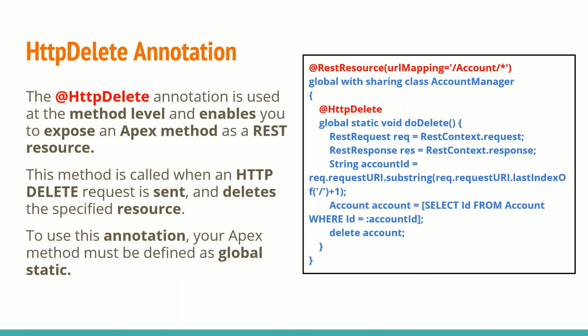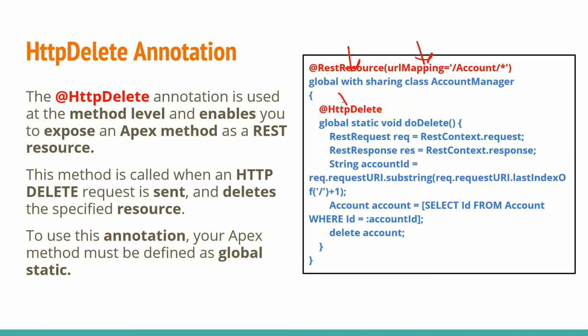The HTTP delete annotation is used at the method level and enables you to expose an Apex method as a REST resource. This method is called when an HTTP delete request is sent and deletes the specified resource. To use this annotation, your Apex method must be defined as global. So as you can see, we have REST resource here, then we have URL mapping.